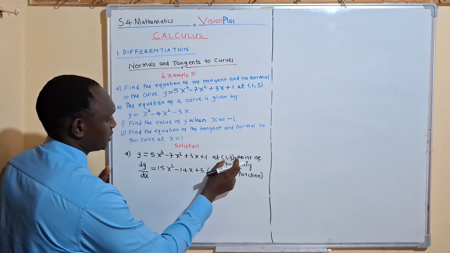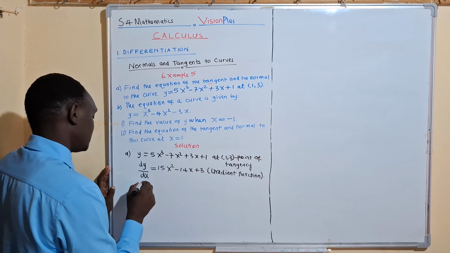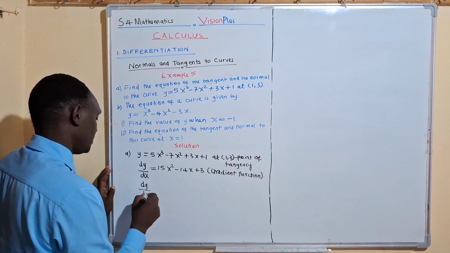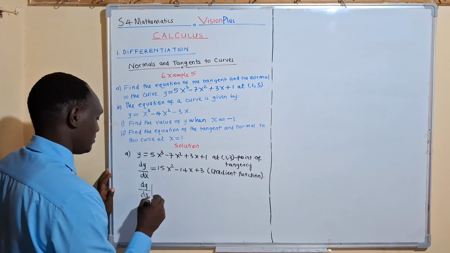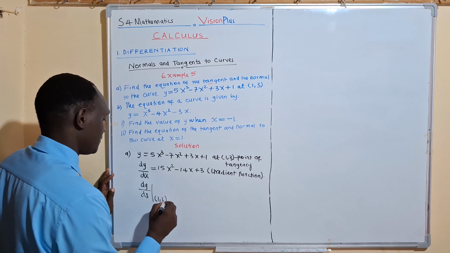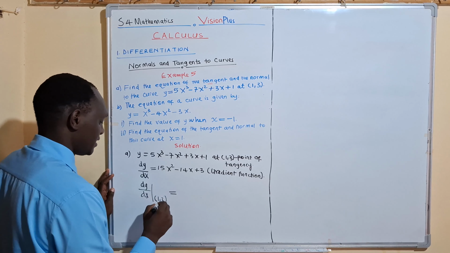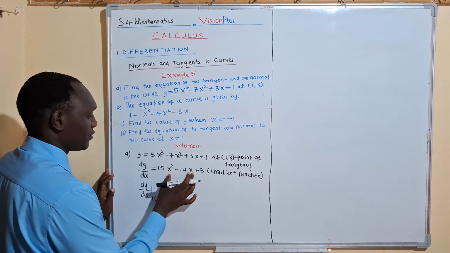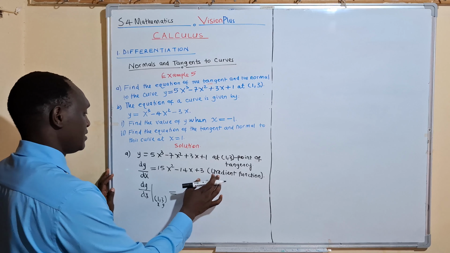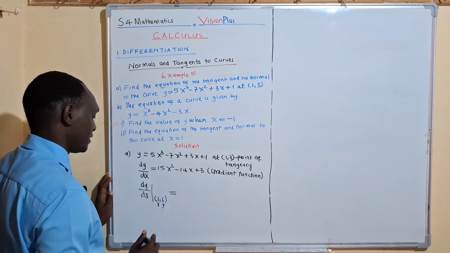Now, we have a point, which is the point of tangency. Therefore, the gradient of the curve at the point (1, 3), where this is x and this is y, we find by substituting for x in the gradient function.